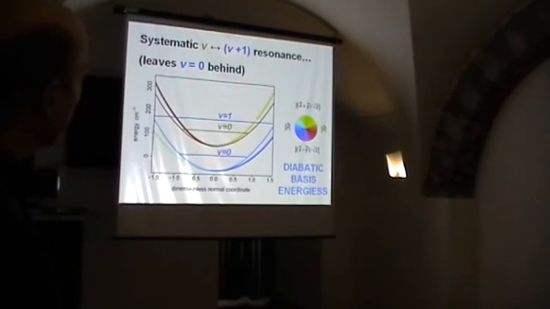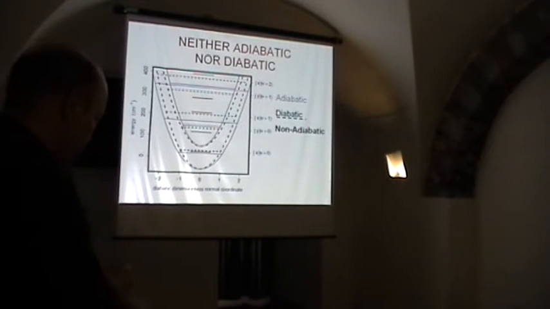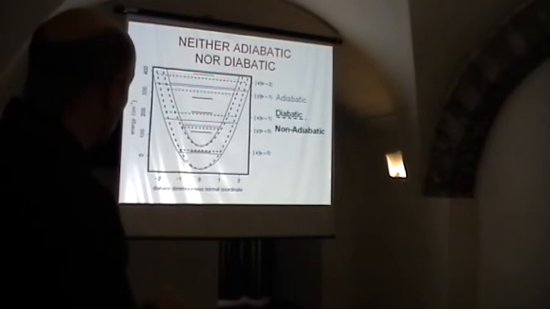From the diabatic point of view, one of the things that's going on in this system is that we have systematic resonances between V and V plus 1 for everything but the V equals 0 state on the lower curve. And neither one of these pictures is correct.